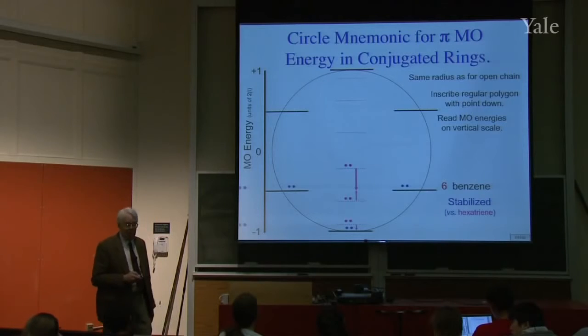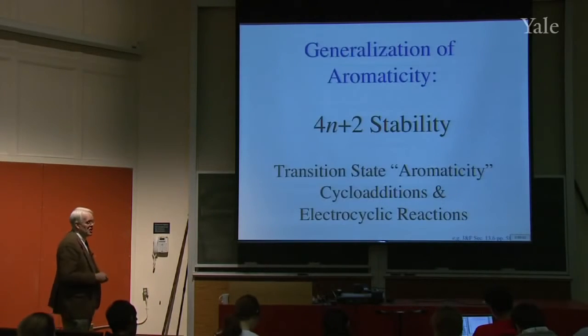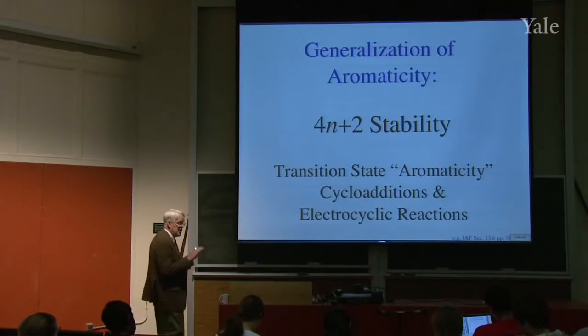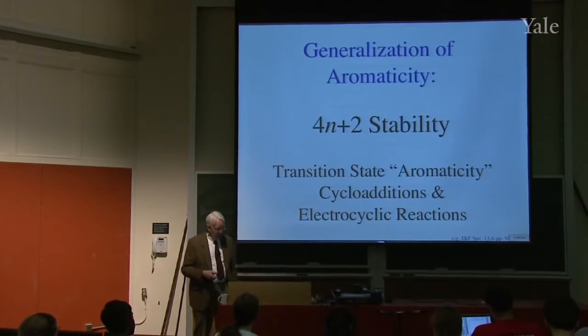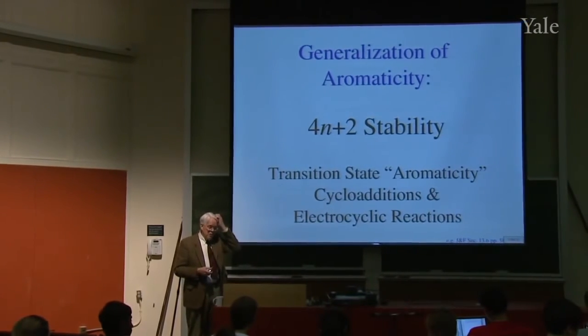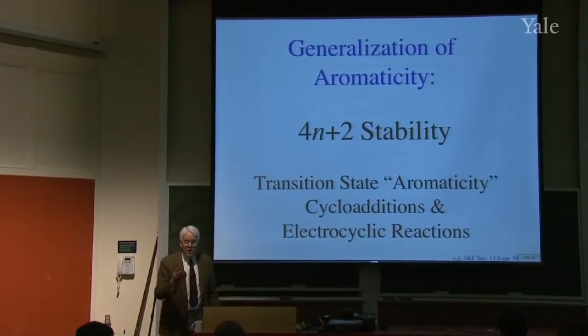A really good example of aromatic, right? So 4n+2 is the number of electrons in a ring that will give special stability, because there'll be more going down than going up.